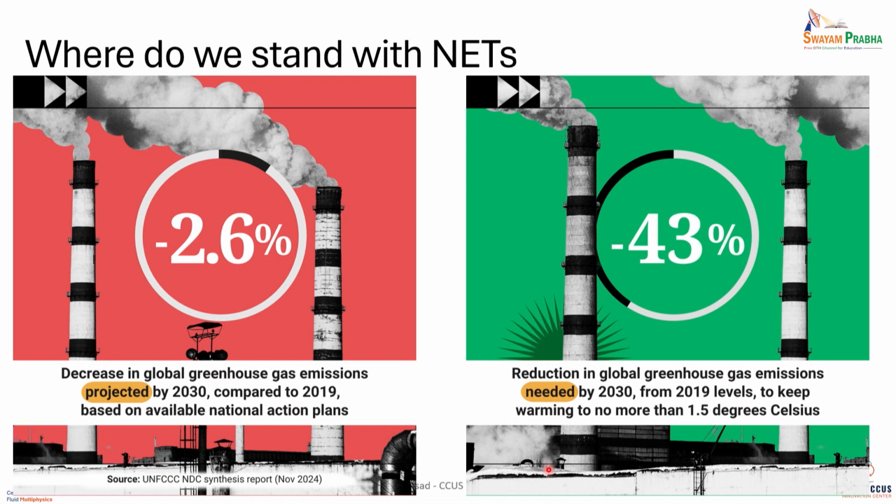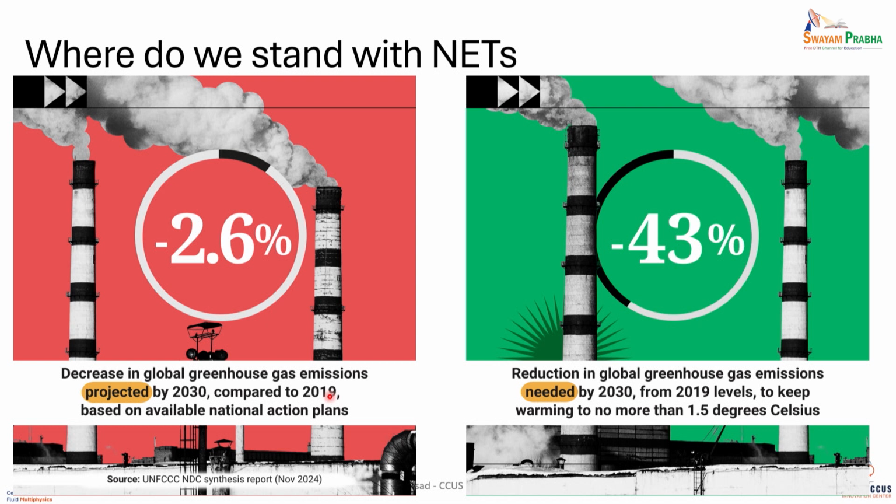Okay, so again, a scorecard. Where do we need to be and where are we? Net. We are projected to decrease global greenhouse gas emissions, GHG emissions, by 2.6% by 2030. And this 2.6% is compared to 2019 levels.